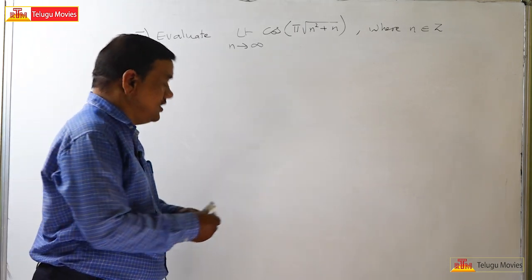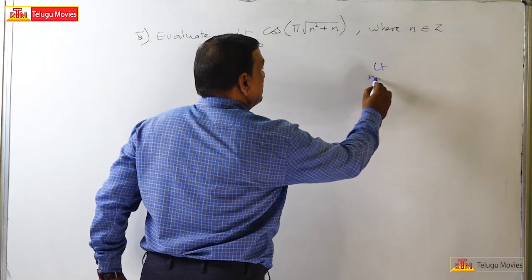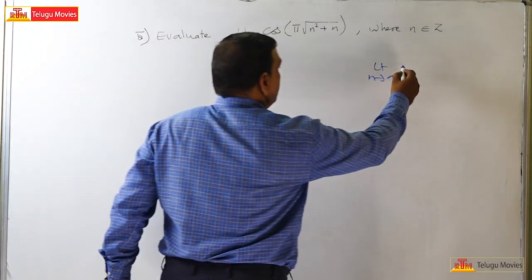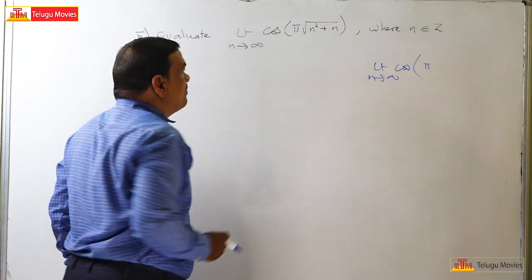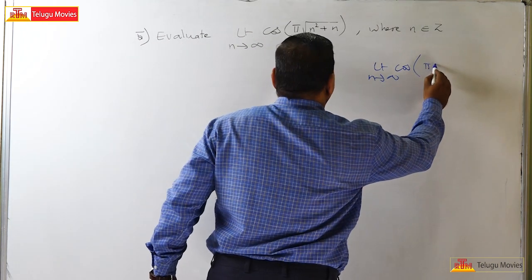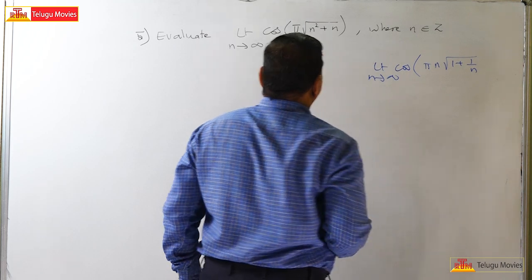Not only students, everybody does it like this. They start with cos of pi times root of n square plus n. They take n square common outside, that means n into root of 1 plus 1 by n.